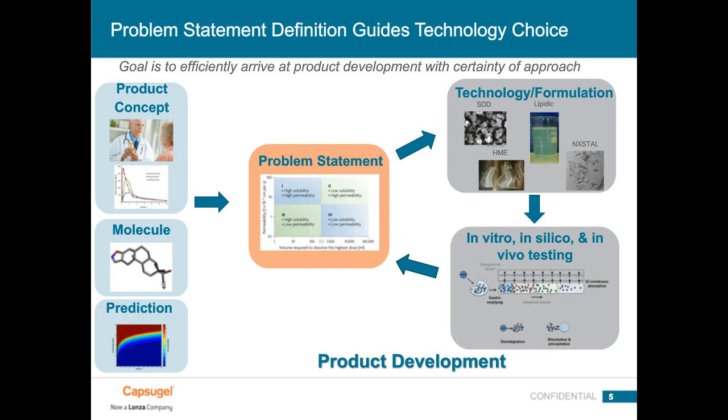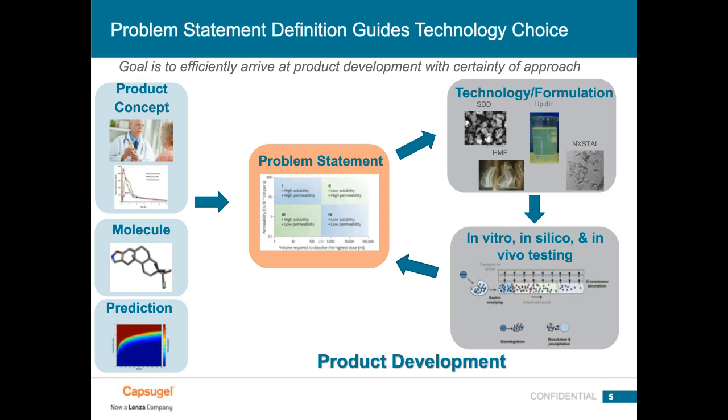So a lot of those product concepts, along with those molecular properties that I discussed and some predictions of properties and performance, go together to define a problem statement for a compound. And that problem statement I've shown there as the BCS classification, but it goes well beyond that in terms of what are the potential risks of developing this formulation.